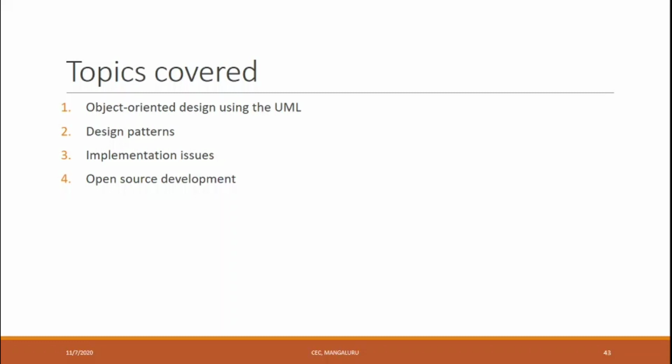So these are the 5 stages that we have seen in the object oriented design using the UML. Then we have seen the context diagram of the weather station as well as the weather station use cases. Then we have seen the architectural design of the weather station.